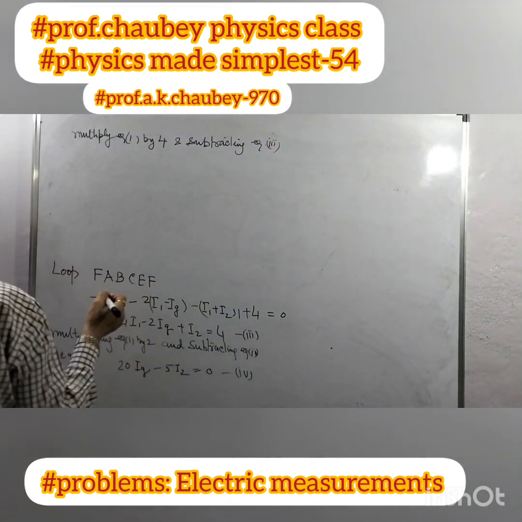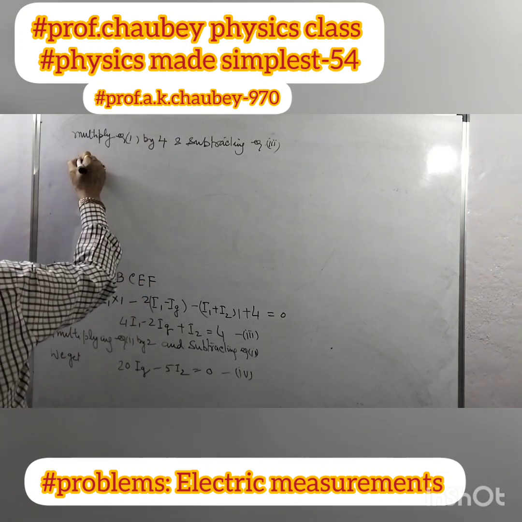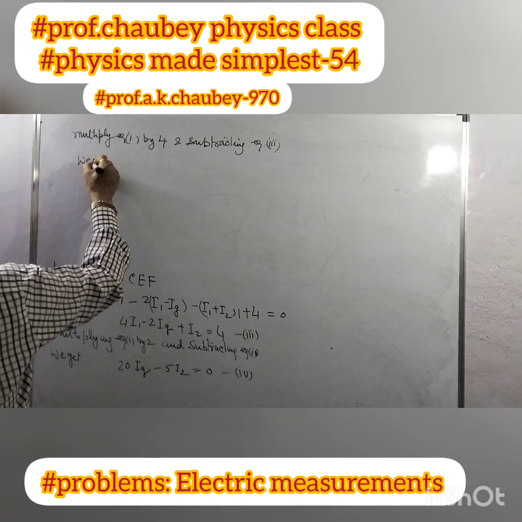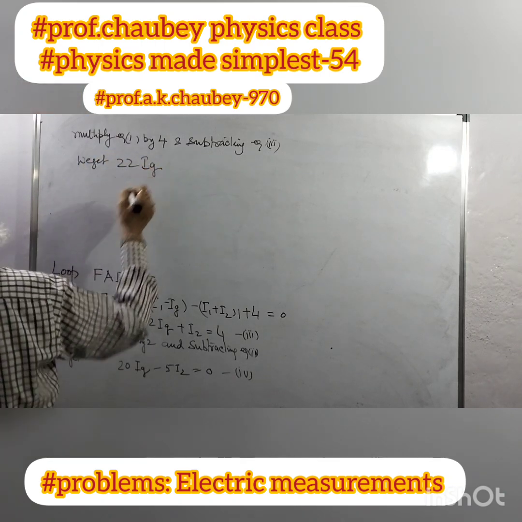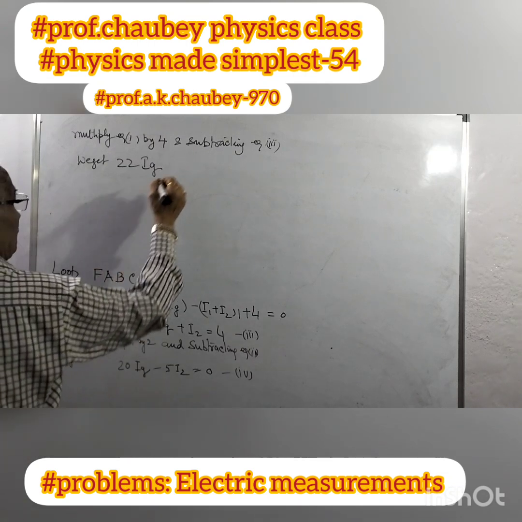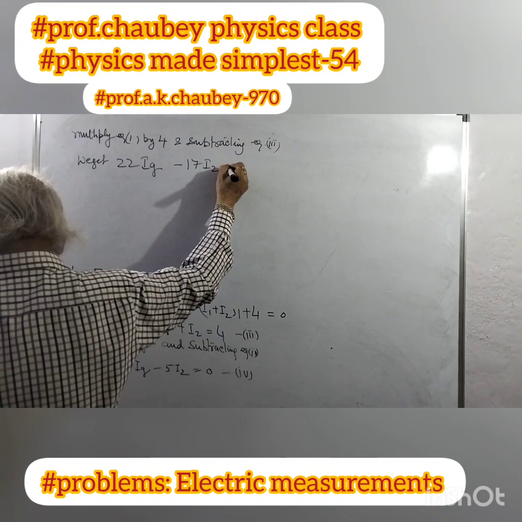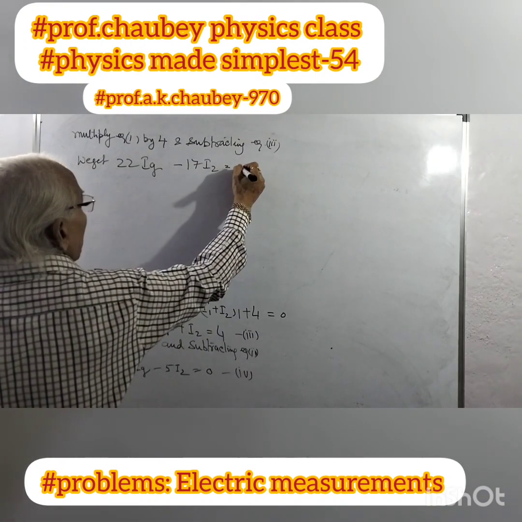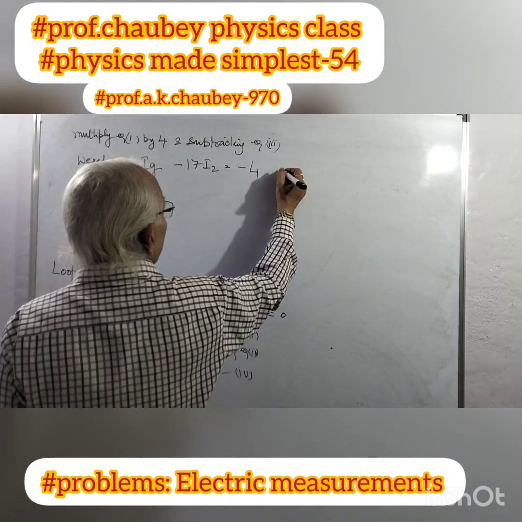What do you get? You do this, we get 22 Ig minus 17 I2 equal to minus 4. So this is equation number 5.